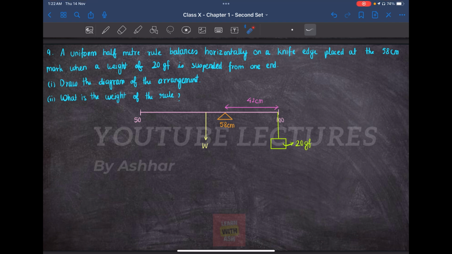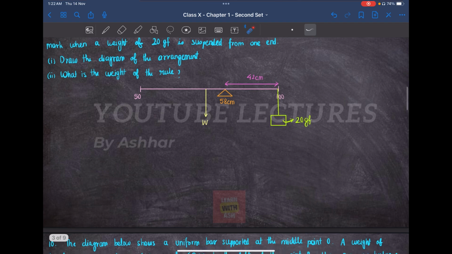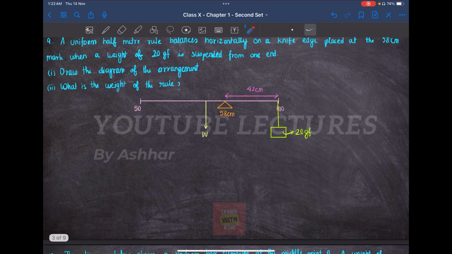So according to the principle of equilibrium, it means that there is a force in this particular direction, so the weight of the ruler must be in this direction. Alright. So think in this manner, that if it had been a full meter rule, the midpoint was at 50.